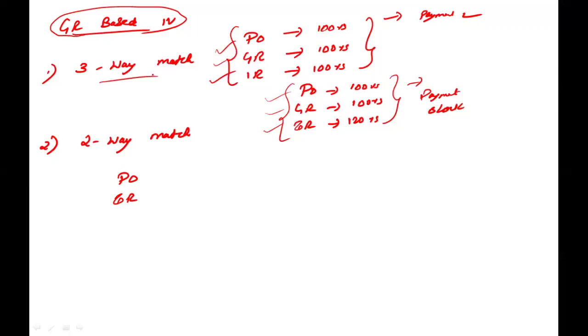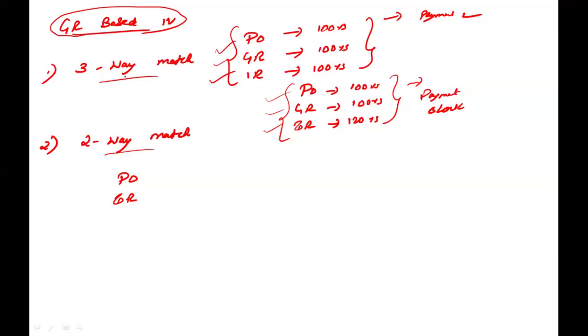In two-way match, we will be having a PO. The vendor is not sending the goods immediately, but he's sending the invoice. And invoice is getting posted. If there is no GR also, the invoice will get paid or vendor will get paid. That is two-way match. Most of the business will not go for this two-way match.